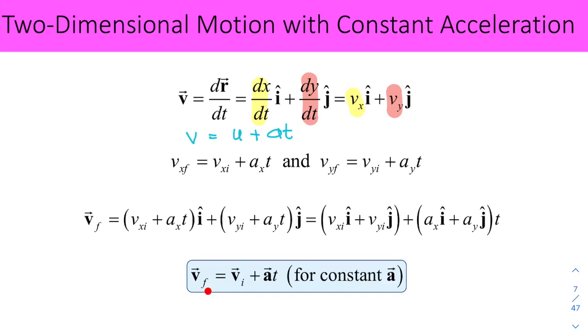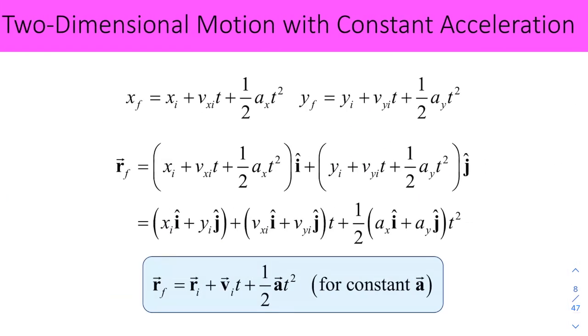So within this you have xy components, within this you have xy components, within this you have xy components. But be careful, this equation is only valid for constant acceleration, or uniform or average acceleration. This is not valid for instantaneous acceleration.